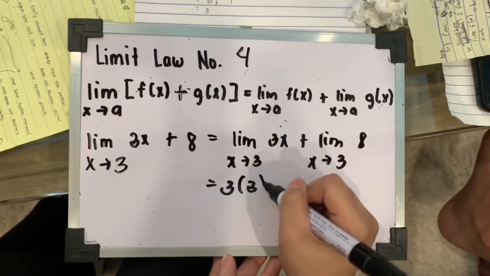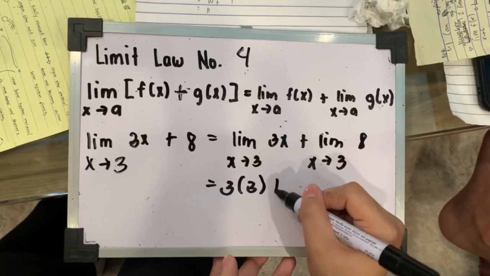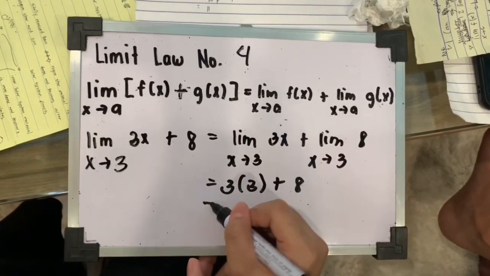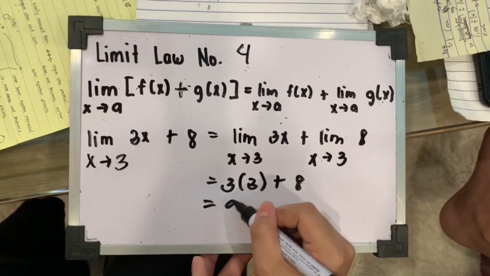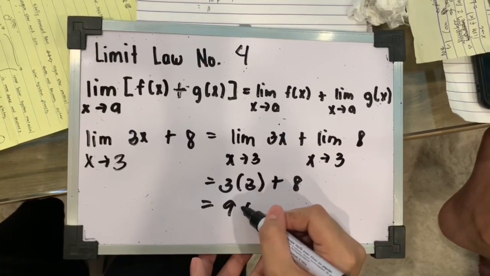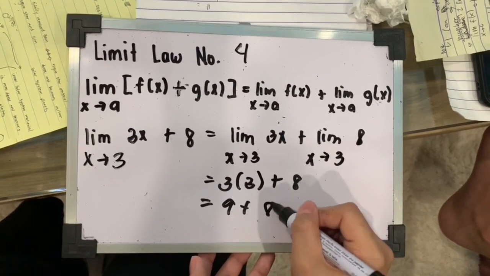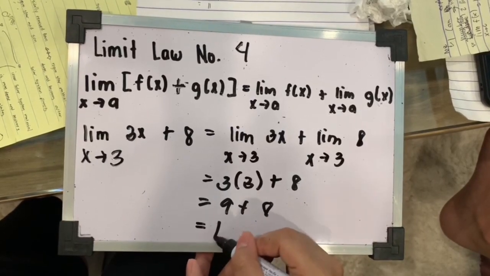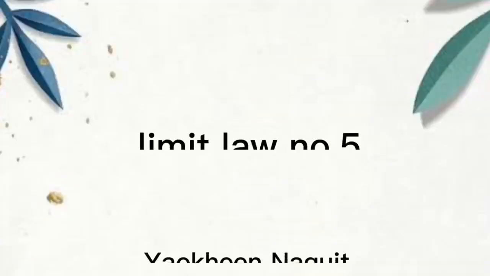Nakikita niyo ba yun? Na-distribute yung limit sa dalawang function. So kapag substitute mo na, 3 times 2 plus 8. So ganun yung limit law number 4. Pag hiwalayin mo yung two functions and then i-distribute mo yung limit.